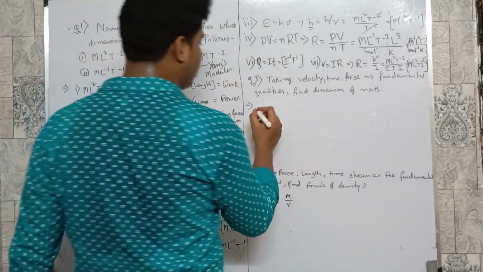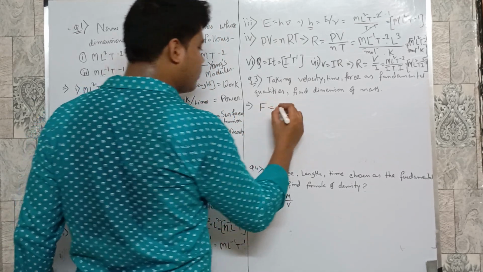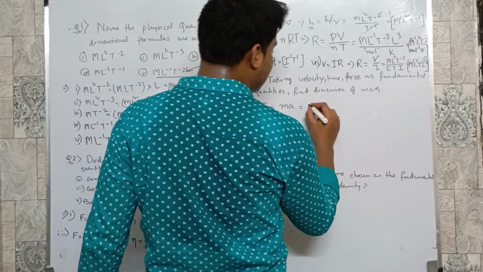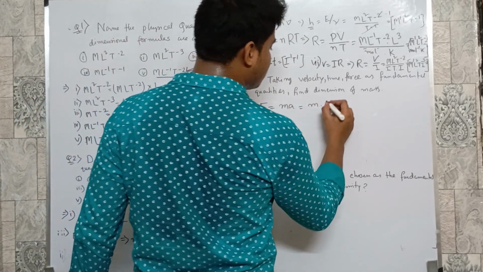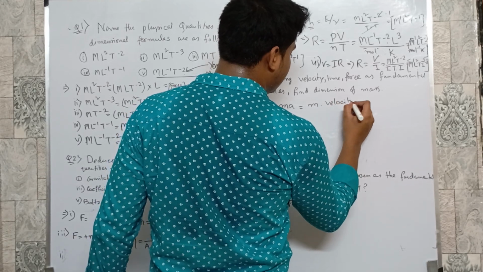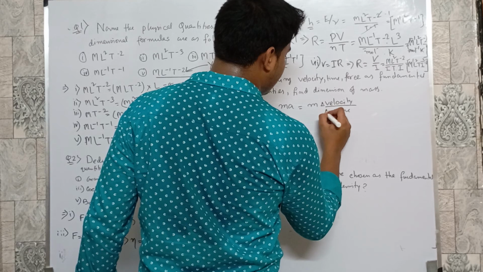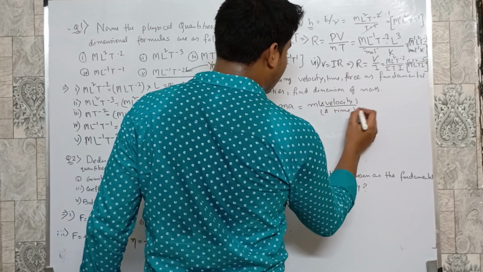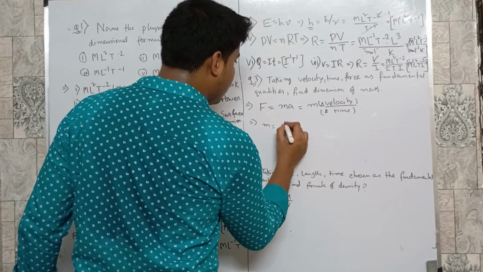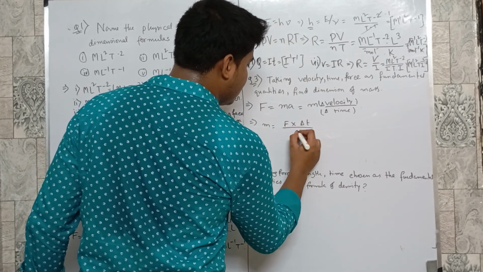We know from Newton's law, force equals mass into acceleration, and acceleration is basically change in velocity by change in time, so velocity by time. Now, mass can be written as force into change in time divided by change in velocity.